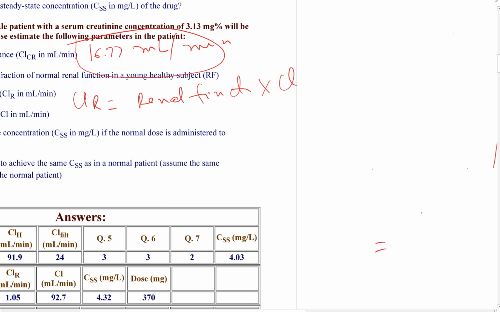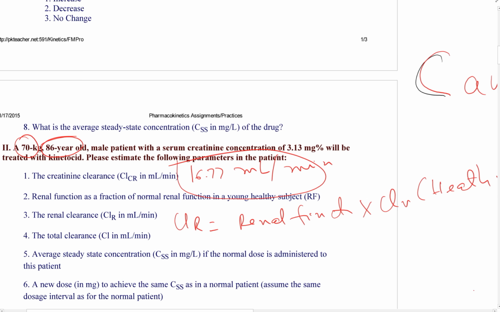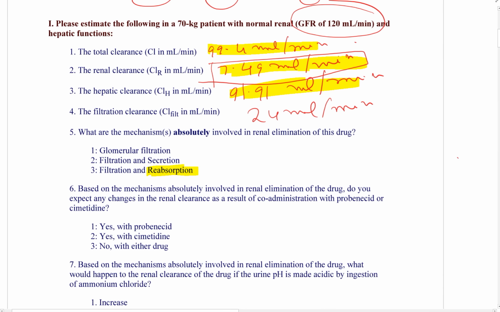To calculate CLR healthy, we have to get this from part 1. This is the healthy individual's CLR.